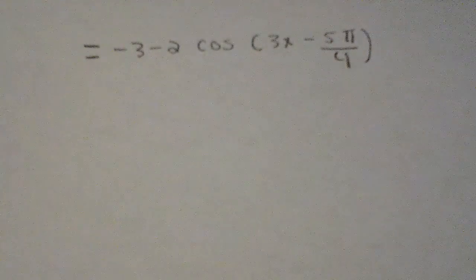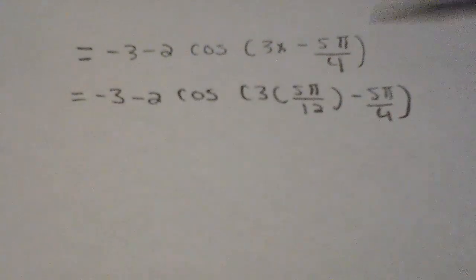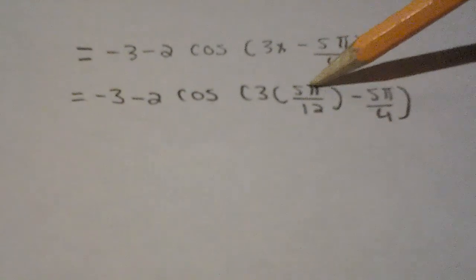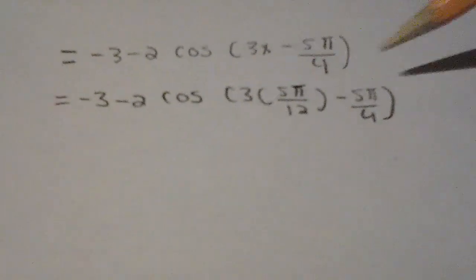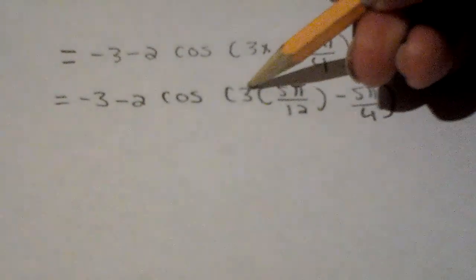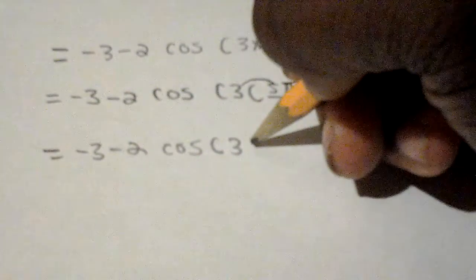Now the hard part, finding the y-values. For the y's, you will have to take what you got for x and plug it in right here into the formula. As you can see, I plugged the x in, which is 5 pi over 12. Now I will multiply 3 times 5. That gives me 15. Write the problem out again.